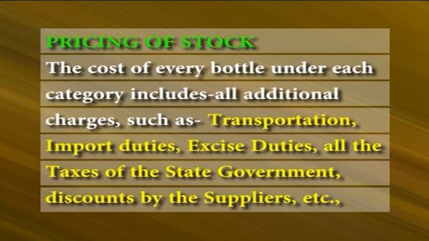The cost of every bottle under each category includes all additional charges such as transportation, import duties, excise duties, all the taxes of the state government, discounts by the suppliers, etc. The cost of an individual bottle of every type of beverage is difficult to maintain as the price changes every time an order is placed because of government policies.